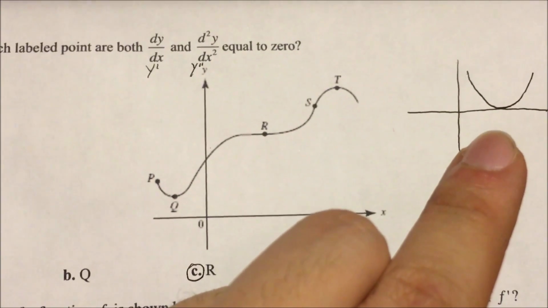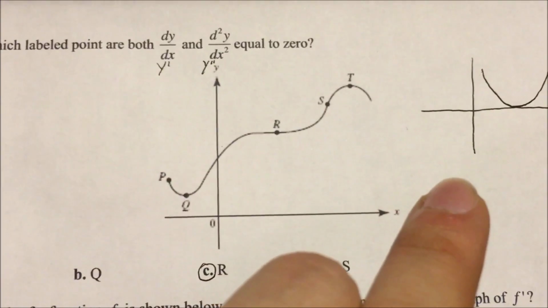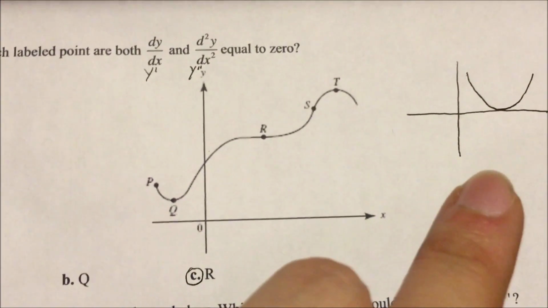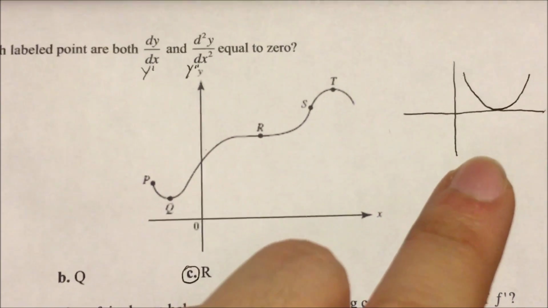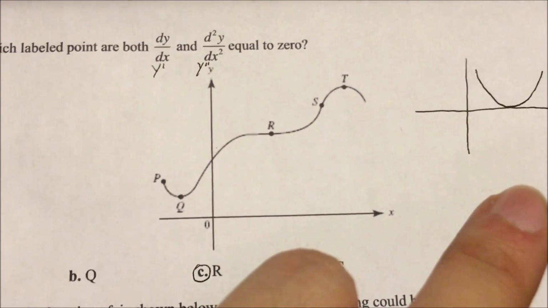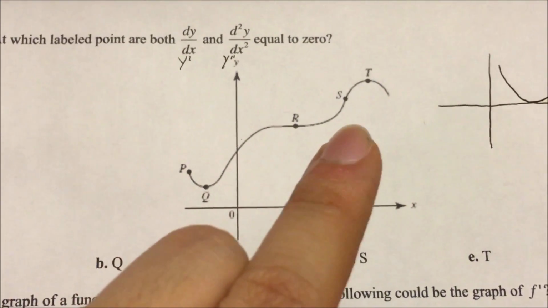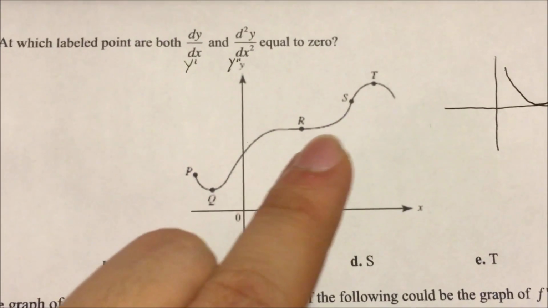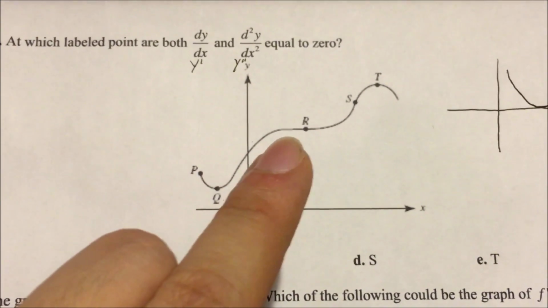And this basically shows that the local minimum point is R, where y double prime is also equal to 0. But for the graph of y prime, it doesn't cross down to the negative side because, as you can see here, it's always increasing. It continues to increase even after the slope flattens out to 0 over here.